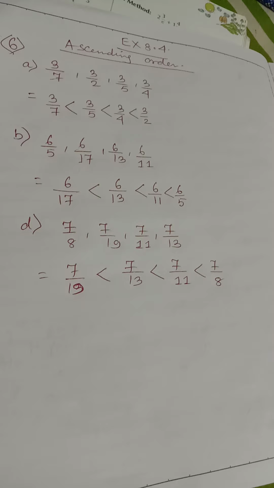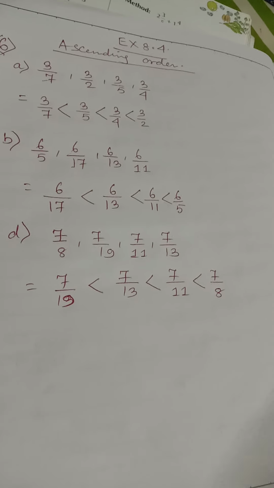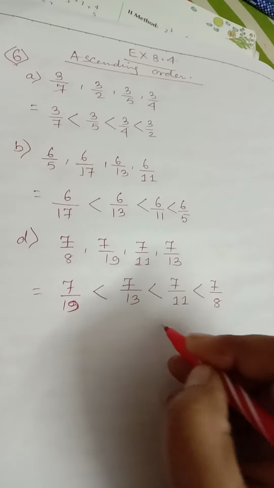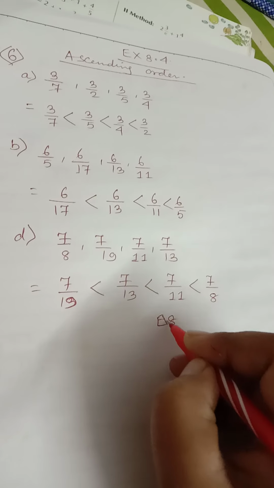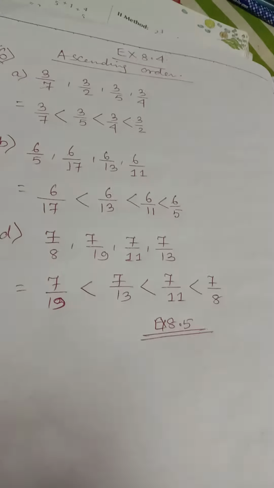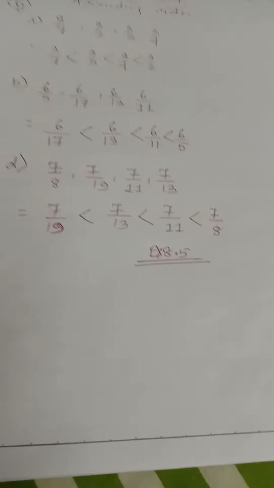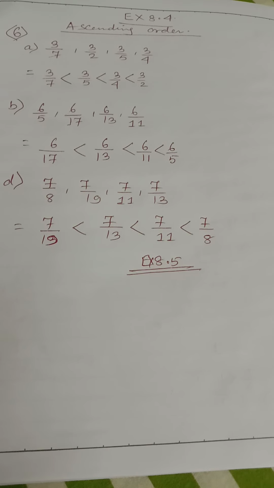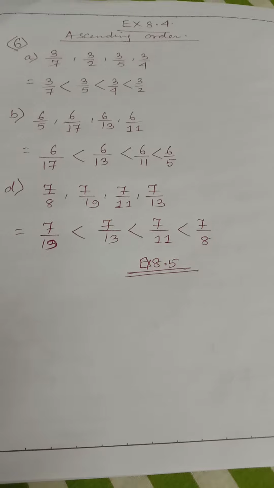Now next we have reduction of the fractions to lowest terms. From exercise 8.5, we have to reduce to the lowest term. The meaning of reduction is you have to get the HCF of the numbers given as numerator as well as denominator.